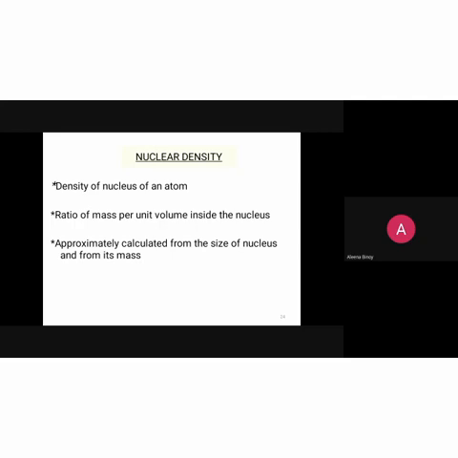Since the atomic nucleus carries most of the atomic mass, and it is very small in comparison to the entire atom, the nuclear density will be very high. A typical nuclear density can be approximately calculated from the size of the nucleus and from its mass. So next slide, please.